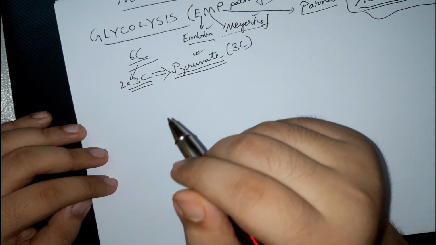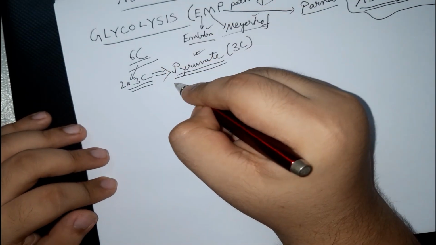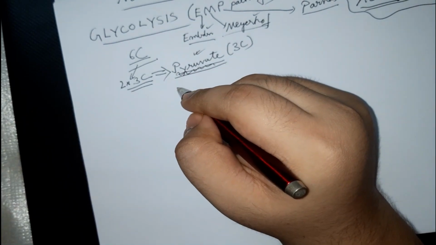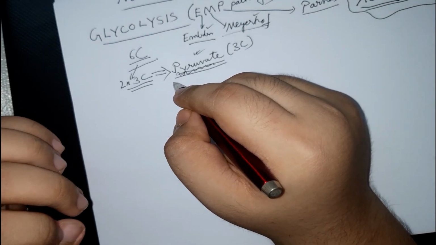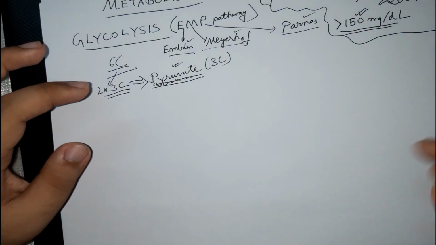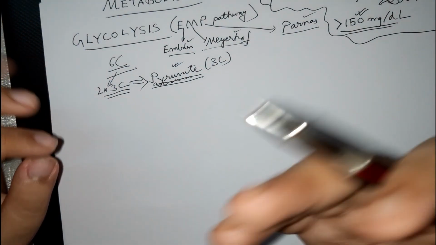There is no doubt about that. But there is a twist here. The twist is that after pyruvate is formed, the fate of pyruvate depends on whether the cell in which glycolysis is going on is getting enough oxygen or not.